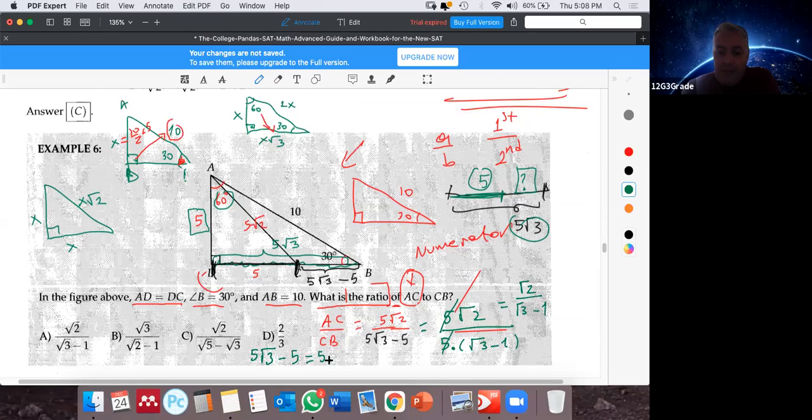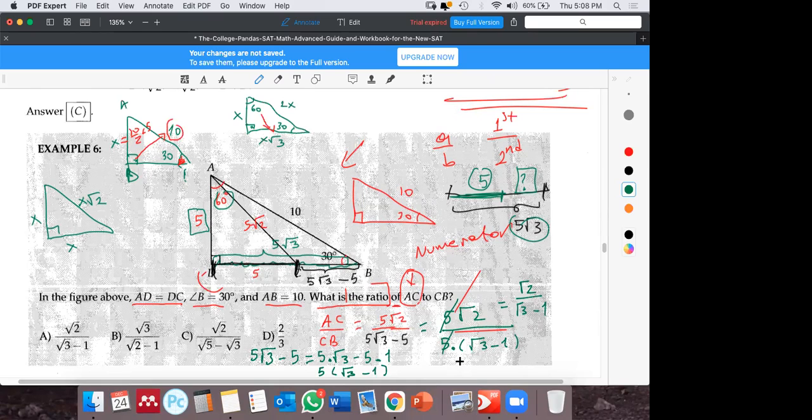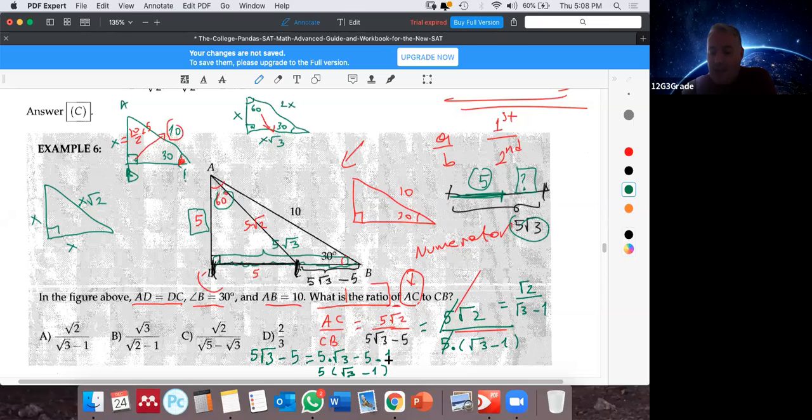Can I write this as 5 times root 3 minus 5 times 1? And then 5 common parenthesis, root 3 minus 1. So 5 root 3 minus 5 is 5 times root 3 minus 1. And then this 5 simplifies. Result is root 2 over root 3 minus 1, which is part A.